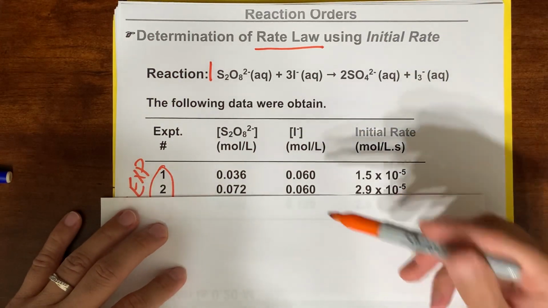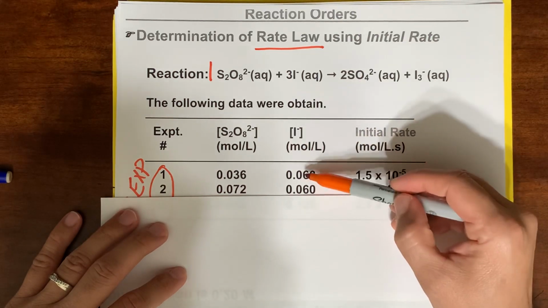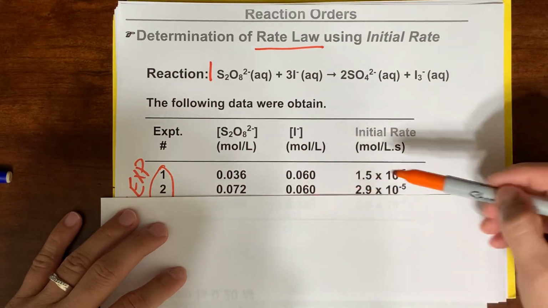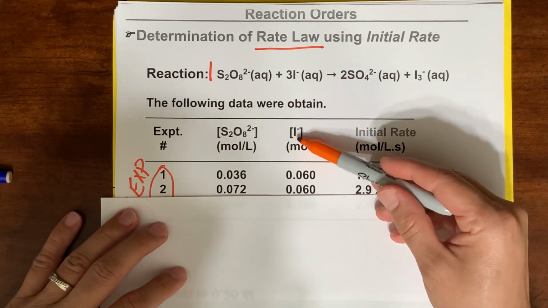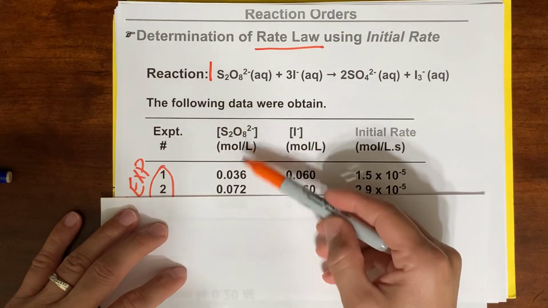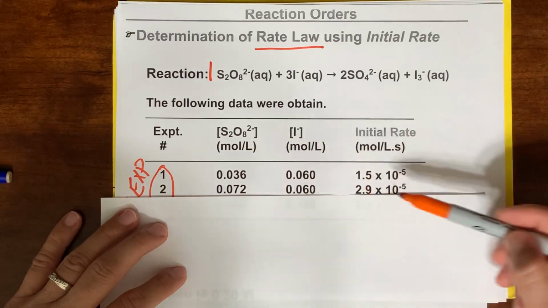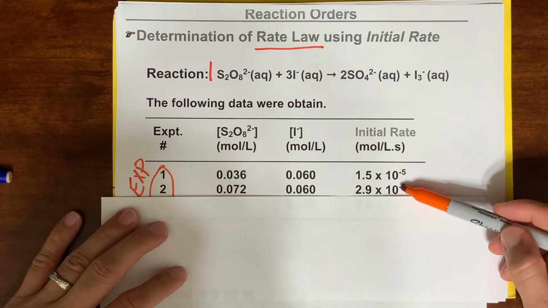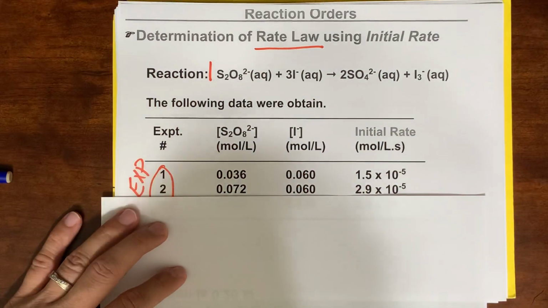I will do the experiment in a way that the concentration of iodide is constant. So if anything happens with the rate, it's not going to be because of the iodide. It's going to be because of the change in concentration of S2O8. We doubled this one. We want to see what will happen with the rate of reaction. We double it, the rate of reaction is 2 times faster. So that means it's first order to S2O8.